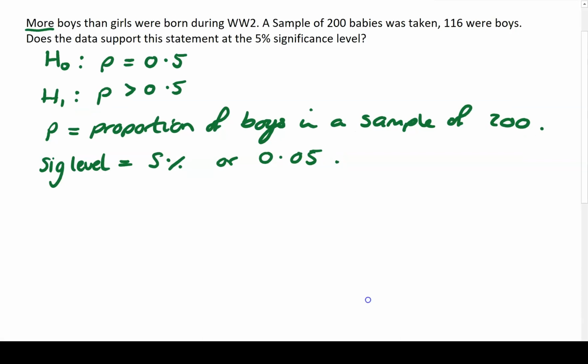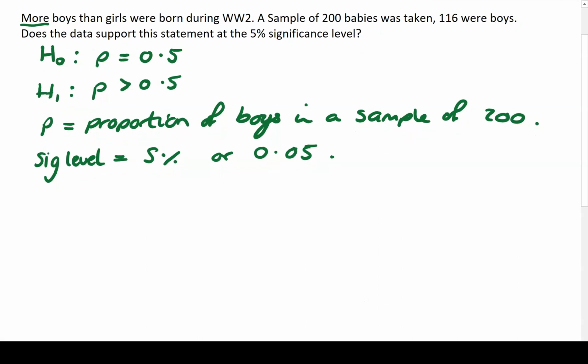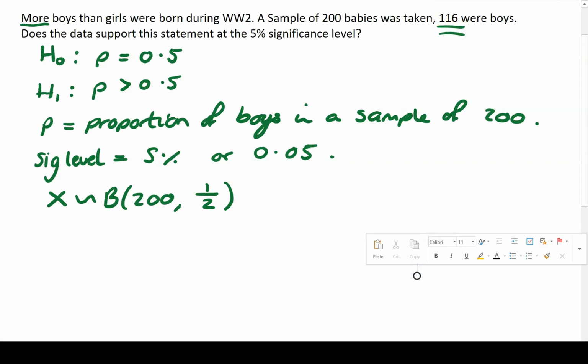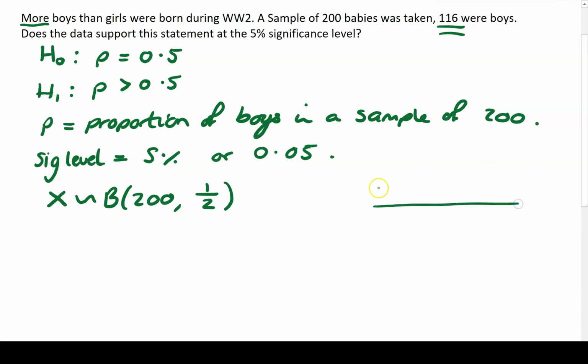Right, so we are using binomial distribution with 200 babies, and the probability of boys and girls is half and half. Let me draw a little diagram, maybe that will help. So we know it should be a 50-50, so the mean is going to be 100.